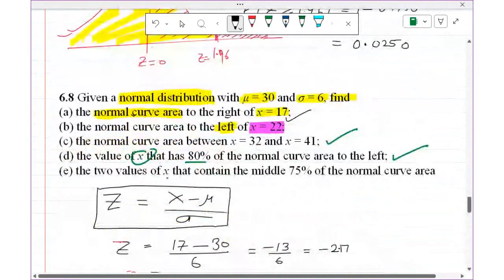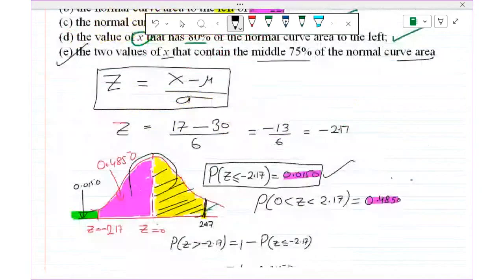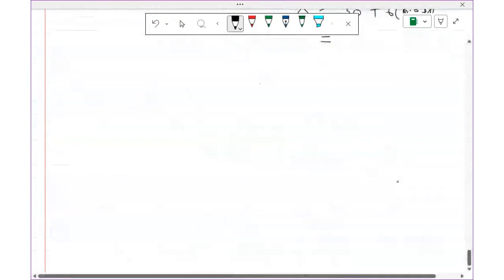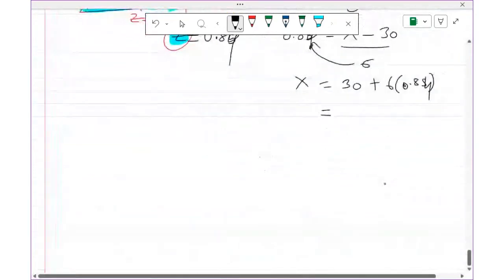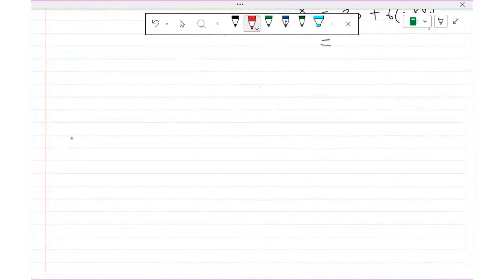Now, last part, we need to find two values of x that contain the middle 75% of the normal curve area. Okay. So students, middle 75% of the area we want to cover between two values. So we cannot find the value of x, we can only find the value of z first.